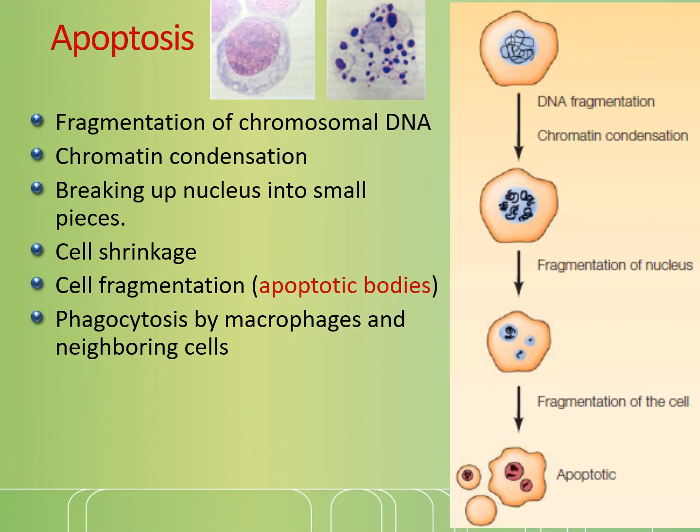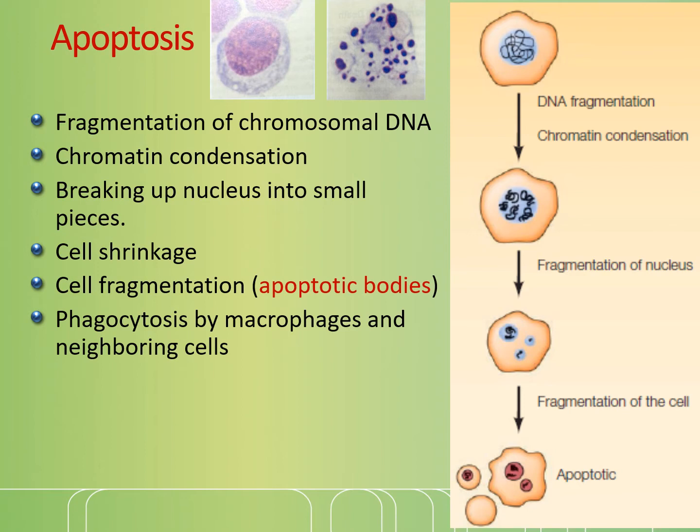Now, necrosis is different than apoptosis, the process of programmed cell death, which goes through a stepwise process that includes DNA fragmentation, followed by chromatin condensation, and then you have breaking up of the nucleus into small pieces. So there is nuclear fragmentation.